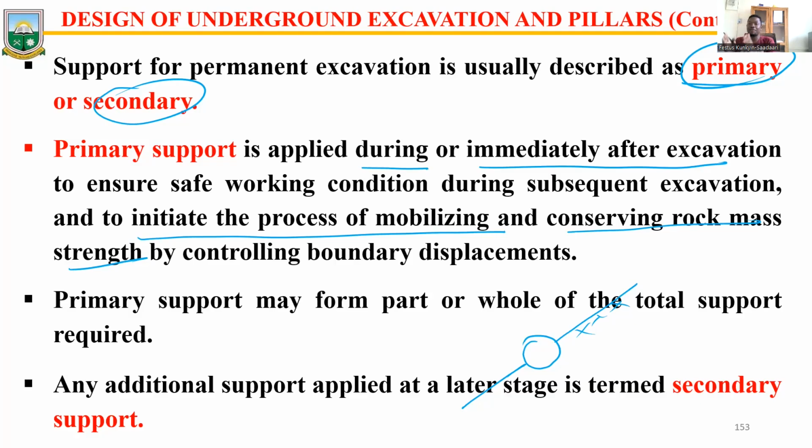So I am doing the excavation, and I could sense some instability within the walls. Immediately I put in measures that can help maintain the stability of where I am working, for the safety of man and machinery. Then we also have additional support that we can bring in later.